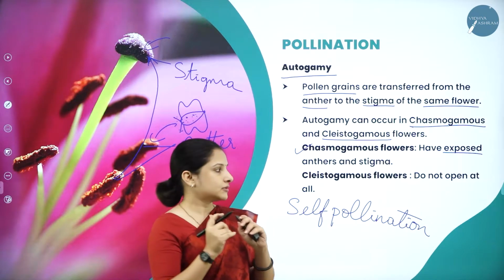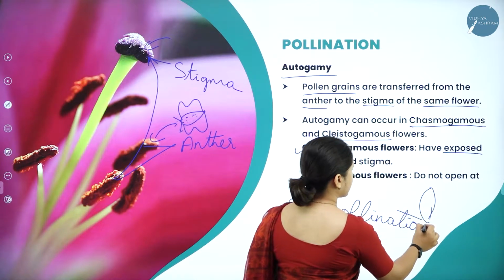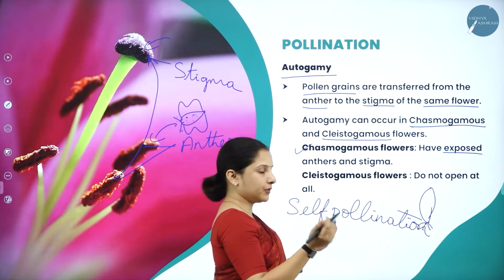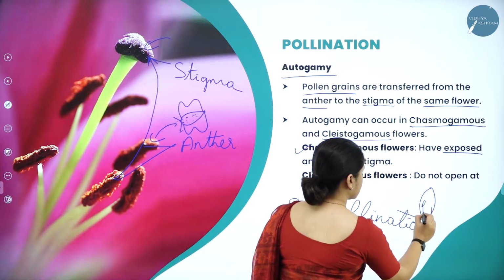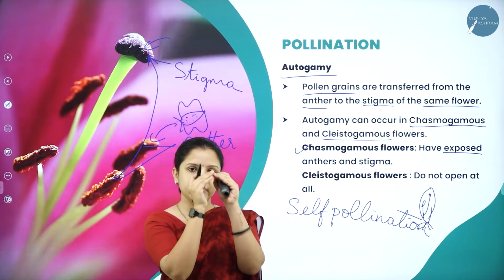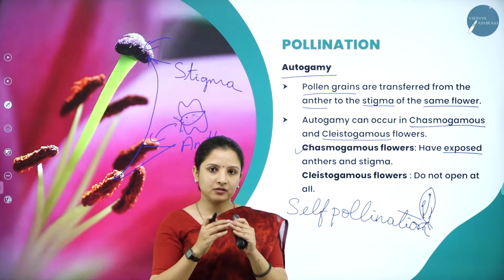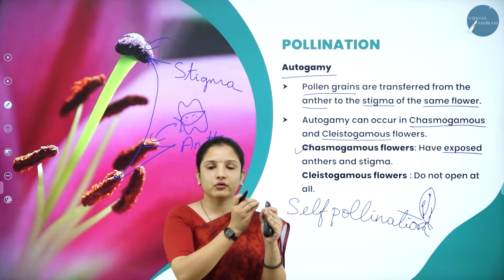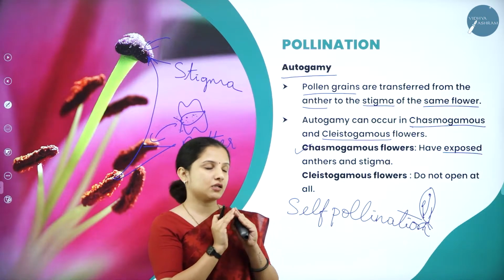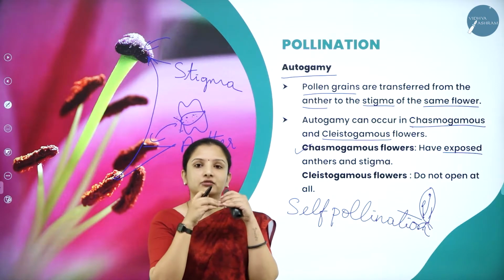Why? Say, for example, this is a flower. The petals will not open at all. The flower will look like a bud. So it will not open at all. If it doesn't open, the anther and the stigma will be covered by the petals. So if it is not open, can the pollination occur by wind? No, because the wind will not be able to enter into the covering, or into the bud condition, the flower which does not open at all.